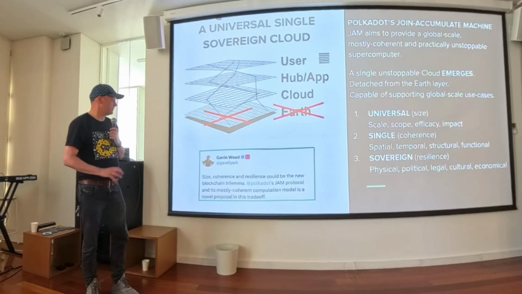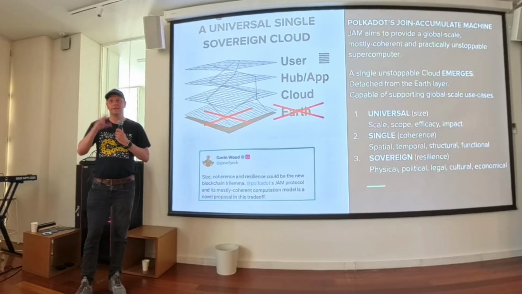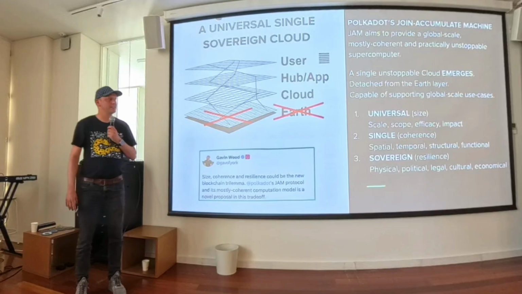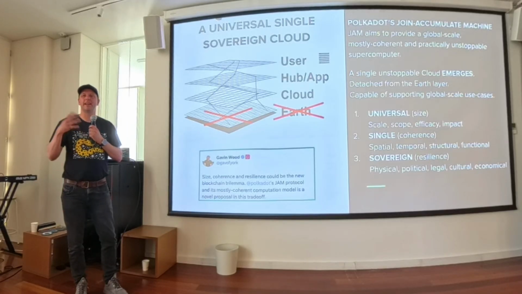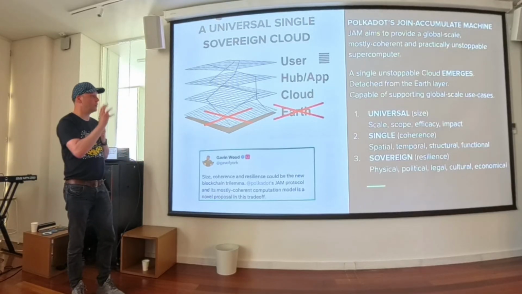Gavin talks about his blockchain trilemma of size, coherence, and resilience. I think that detachment from the Earth layer is really what resilience is about. There cannot be interference by a company or a government with the functioning of this new cloud.